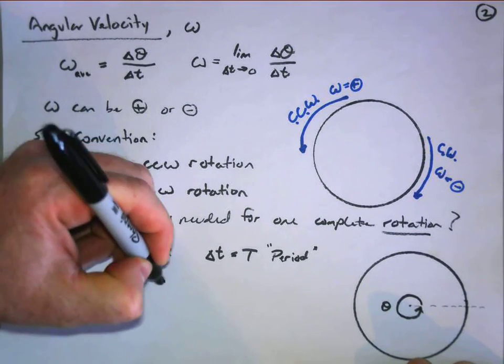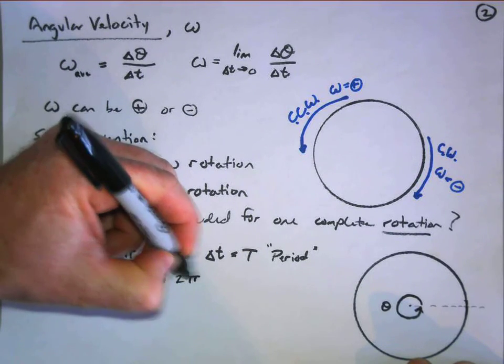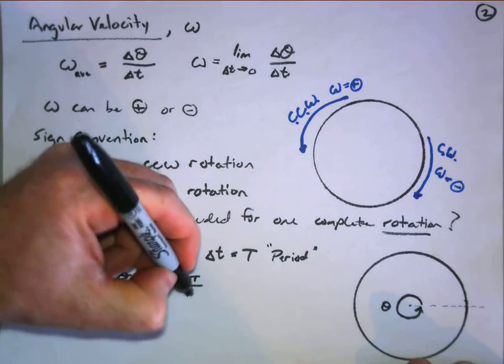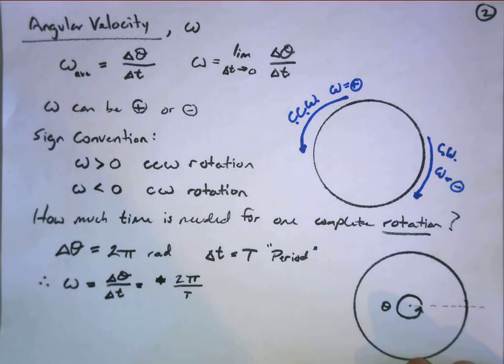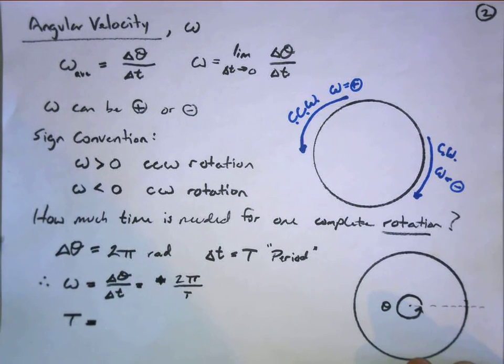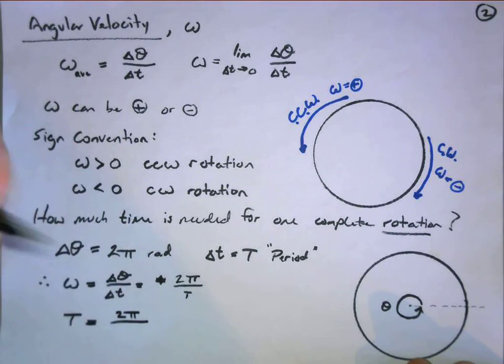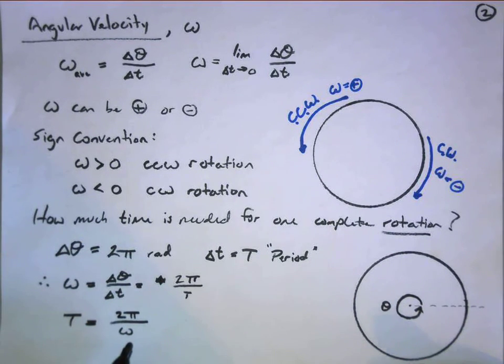The angular displacement is 2 pi, and the time is the period, capital T. When we solve this for the period for one rotation, we get 2 pi divided by the angular velocity.